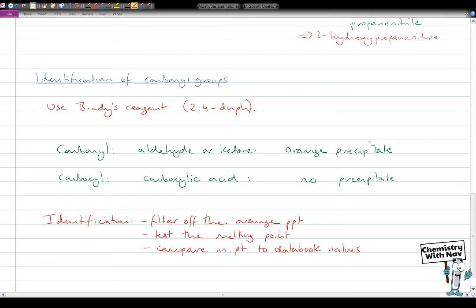That melting point will be unique to whatever aldehyde or ketone there was originally when you ran the test. So this actually gives you an identification. It doesn't just show you a functional group, it tells you which chemical you actually started with.